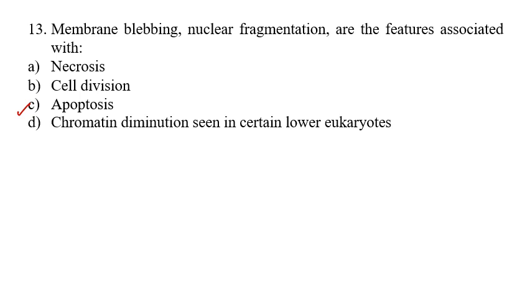These bulges may separate from the cell, taking a portion of the cytoplasm with them, to become known as apoptotic blebs. Similarly, during apoptosis, cleavage of the chromosomal DNA also takes place into oligonucleosomal size fragments. Okay? And these two phenomena are the hallmark of apoptosis. Okay? So the correct option would be C.